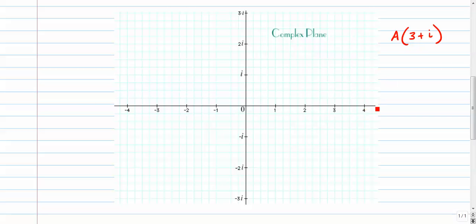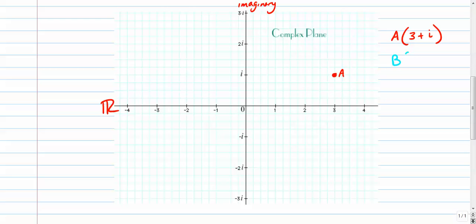Well, the 3 is along the real axis, the x-axis, so that'll be your real axis, and the up and down axis, as you can see, has the imaginary, and together they form complex numbers. So 3 plus i is going to be right 3 and then up 1. So that's point A.